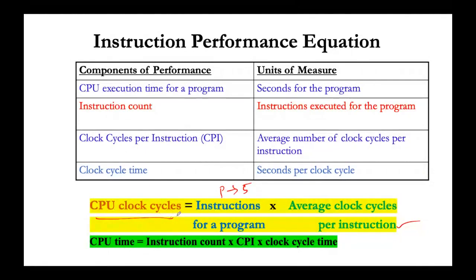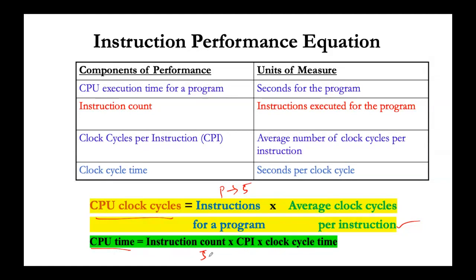So then the CPU execution time is equal to the instruction count, the number of instructions in that program, multiplied with your clock cycles per instruction.